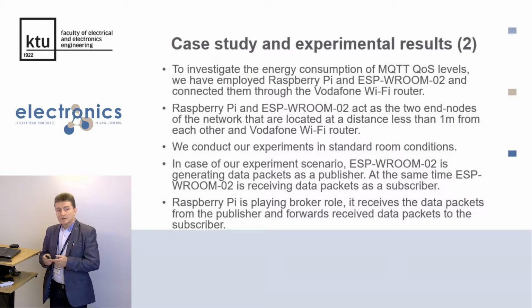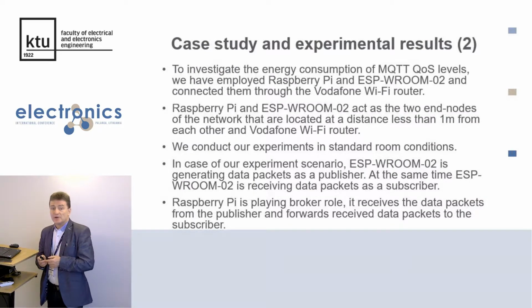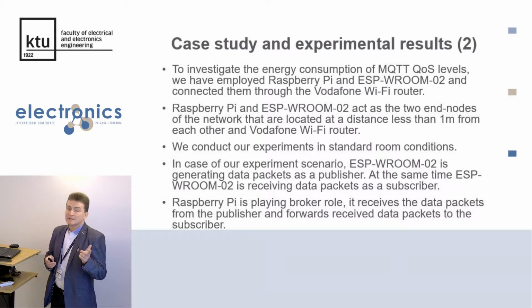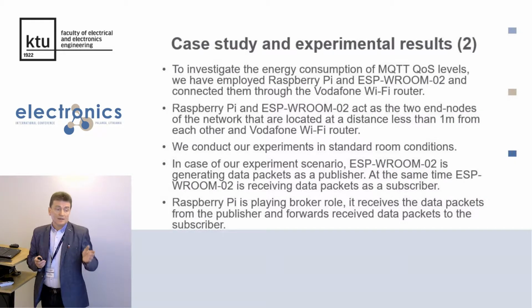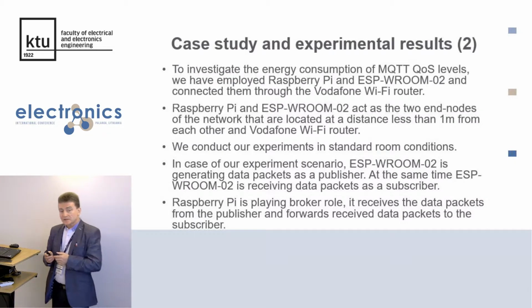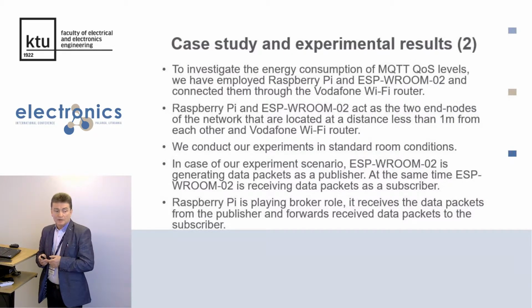We conducted our experiments in standard room conditions. In our experiment scenario, the ESP module is generating data packets as a publisher. At the same time, it is receiving data packets as a subscriber. On the other hand, the Raspberry Pi is playing the broker role. It receives the data packets from the publisher and forwards them to the subscriber.